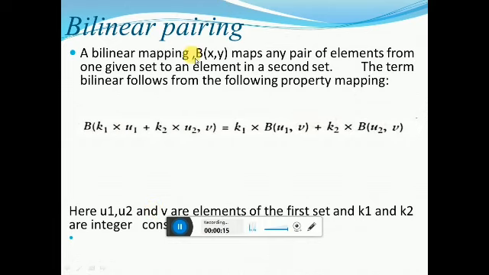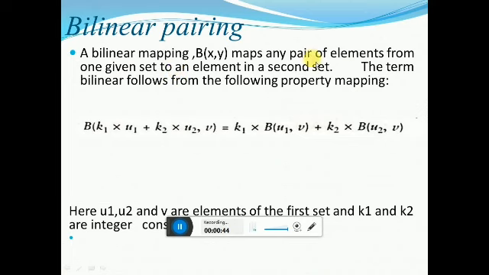In mathematics, a bilinear map is a function combining elements of two vector spaces to yield an element of a third vector space, and is linear in each of its arguments. So it maps any pair of elements from one given set to elements of a second set.